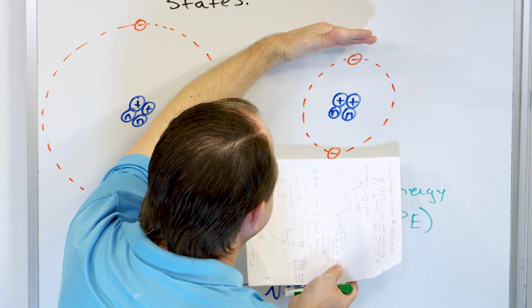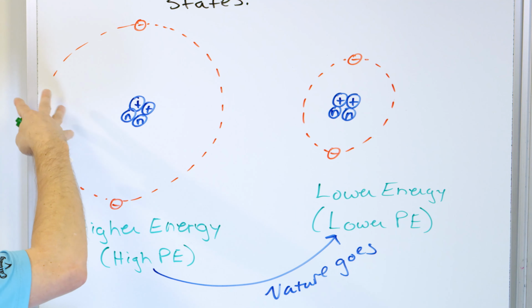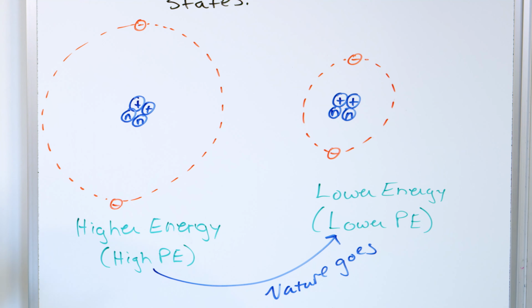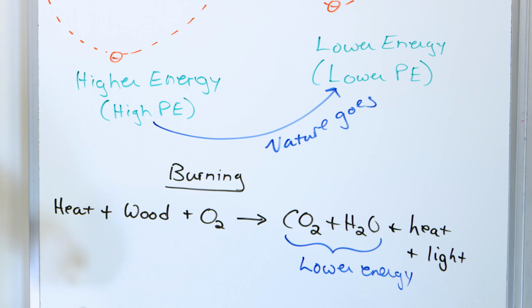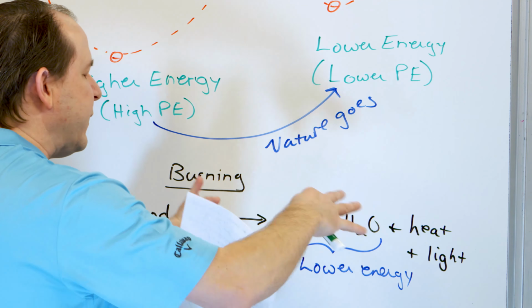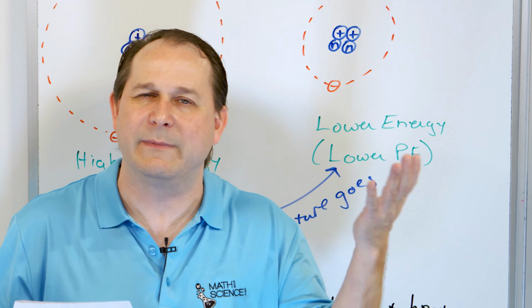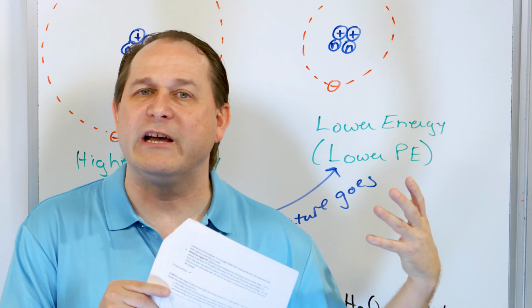The closer it is to the nucleus, the lower the potential energy. Just like things like to fall from high to low energy, electrons like to go from a high energy state to a low energy state. This manifests itself when we actually burn things, because we break the bonds and then they're allowed to rearrange, but they always go into a lower energy. I shouldn't say always, because you always find some exception, but they almost always go into some lower energy configuration.